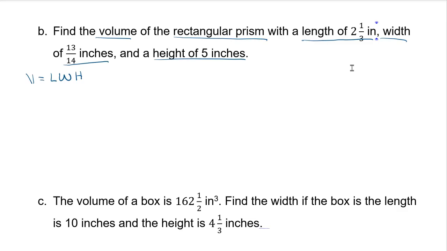And because it's multiplication, think about those fractions. We cannot have mixed numbers when we're using multiplication. So we know that mixed number, 2 1/3, is going to have to get converted.